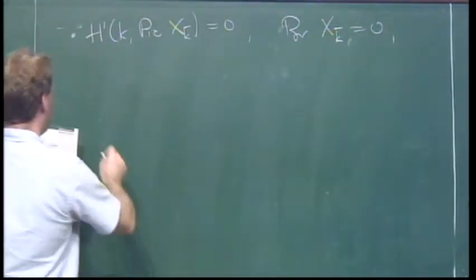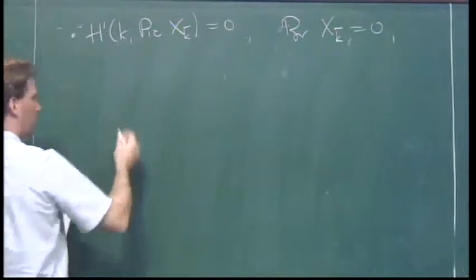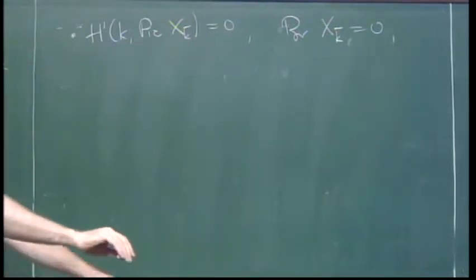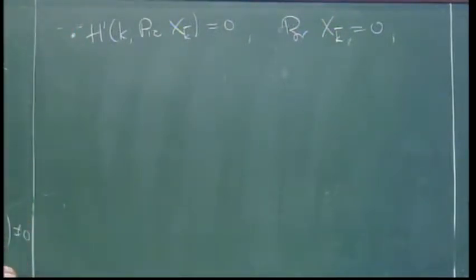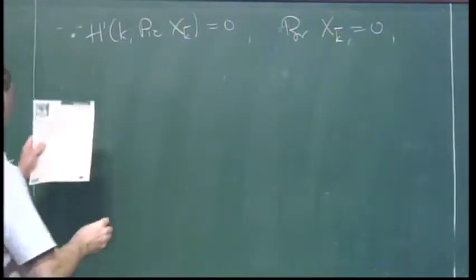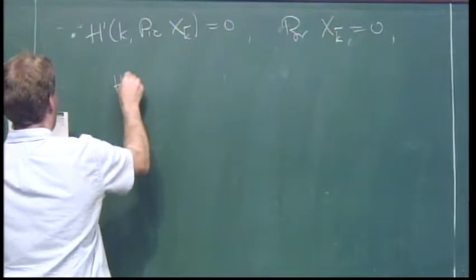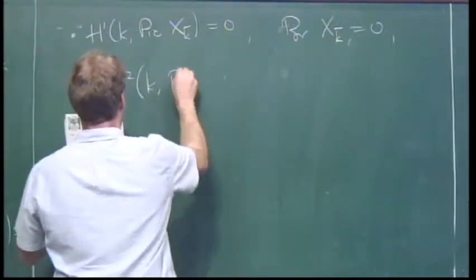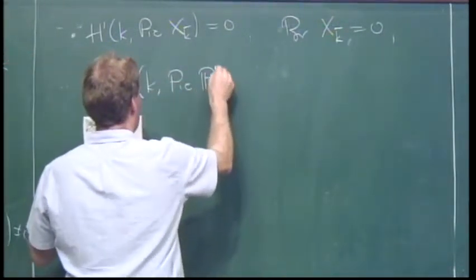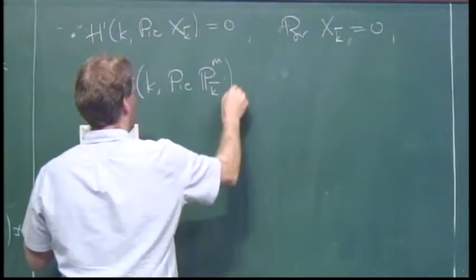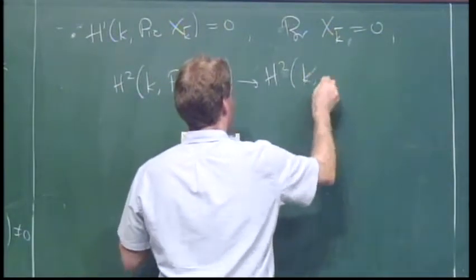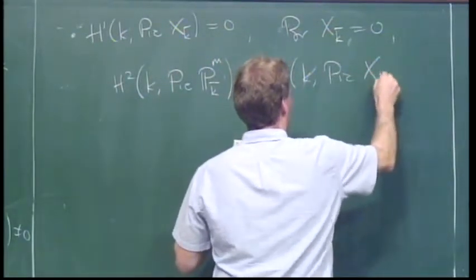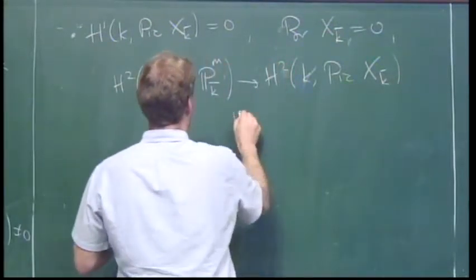Slightly strange one, but one which is definitely necessary, is that there's a map from the Picard group of P^m up to the Picard group of X, just pi upper star. And that induces a map on Galois H2s, and I want that to be injective. So let me write it. H2 little k, Pic P^m k bar, to H2 little k, Pic X k bar, is injective.